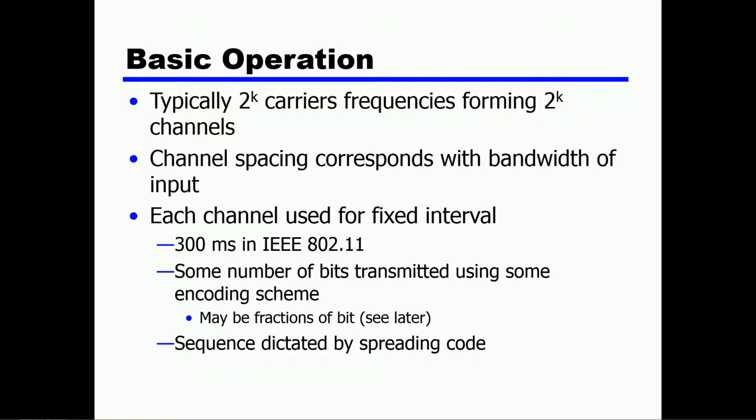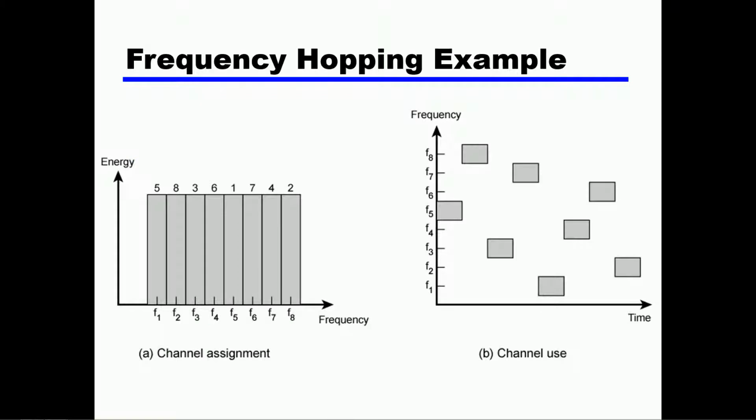So what exactly does this mean? Because when we discuss this, it's hard to see what exactly this means. So here's a graphical representation of it. We are using 8 different frequencies, and here they are relative to time. You'll see there is a pattern to it.